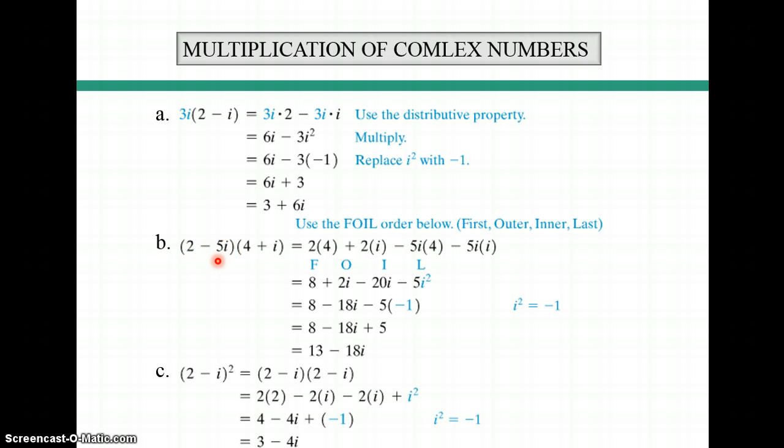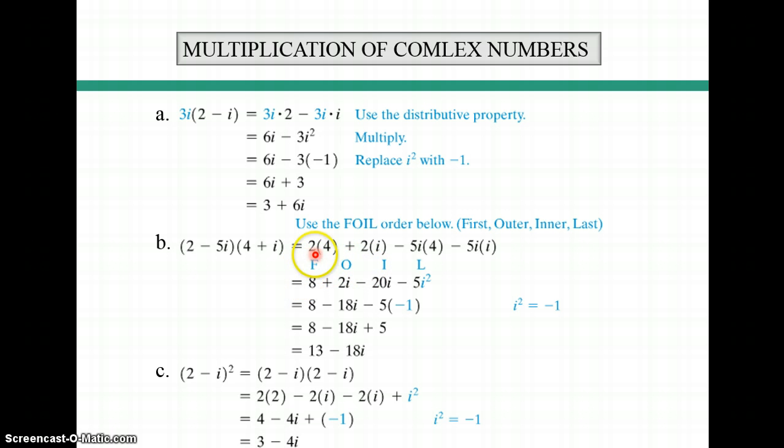2 minus 5i times 4 plus i, using the FOIL method. 2 times 4, plus 2 times i, minus 5i times 4, minus times plus is minus, minus 5i times i.